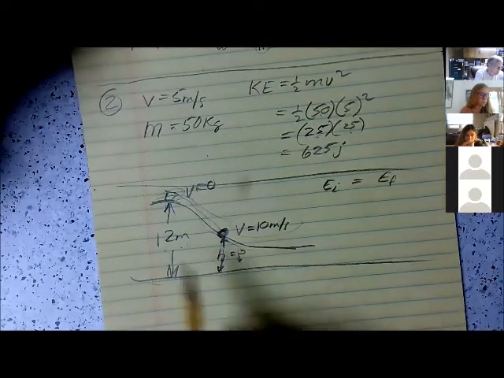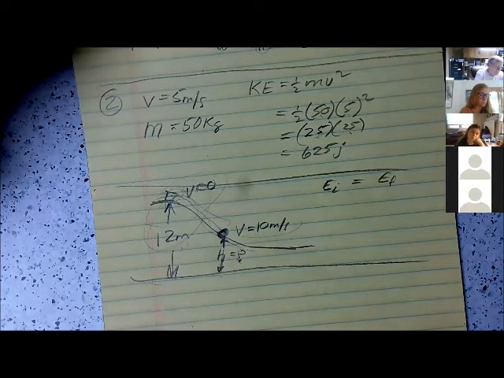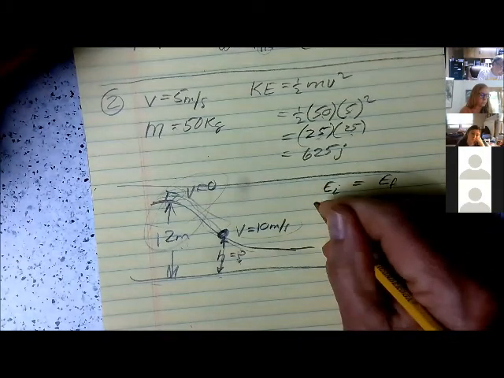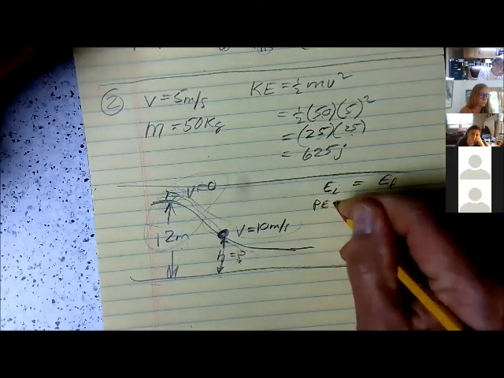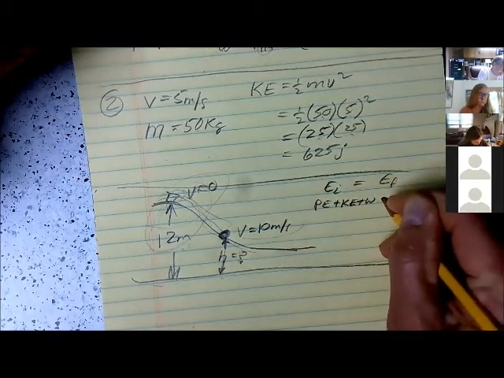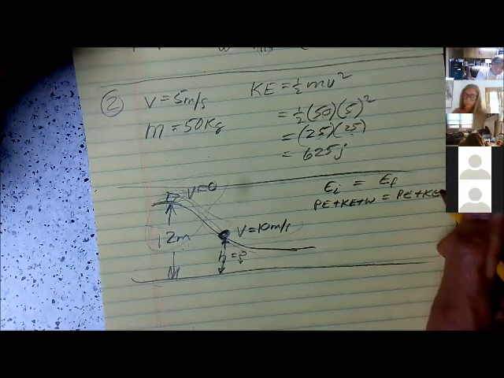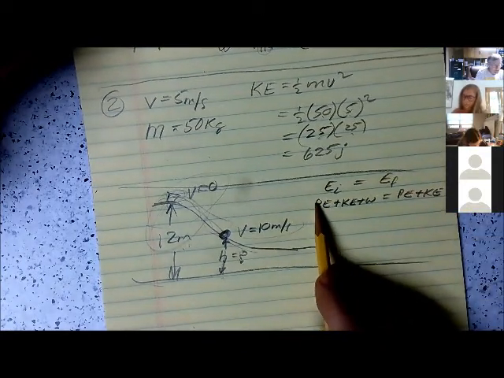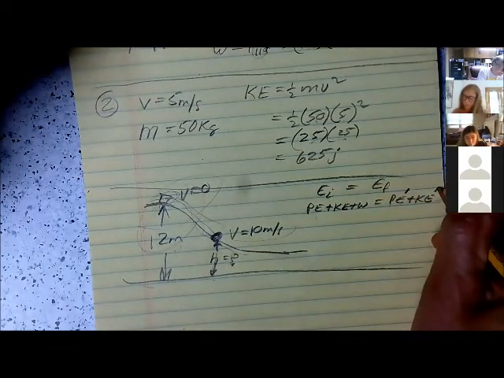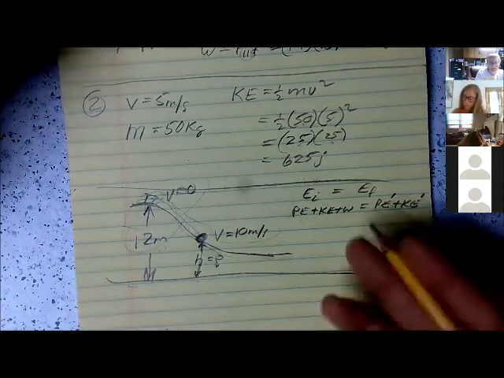Since we're still kind of new to this, let me do the whole thing. We have potential energy plus kinetic energy plus work is equal to potential energy plus kinetic energy. Since I have potential energy here and potential energy there, and they can be different, I have to use different symbols. I'll just put primes on the finals. Or you can write subscripts after.